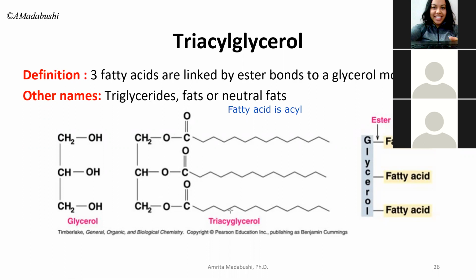So triacylglycerol. What are these chains? These are carbons, like that. And I can see there is no double bond, so no unsaturation. Whenever I'm looking at these, I'm always paying attention to these little details, saturated or not, unsaturated or not. So there's glycerol, a water-soluble alcohol.